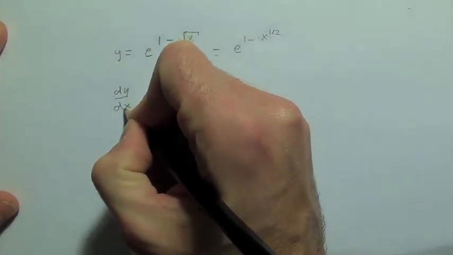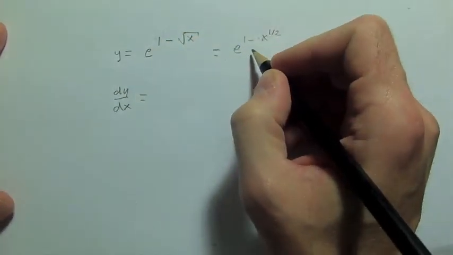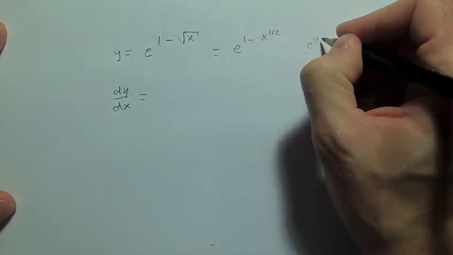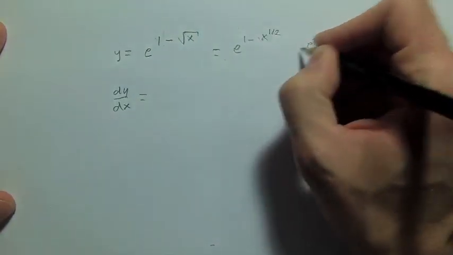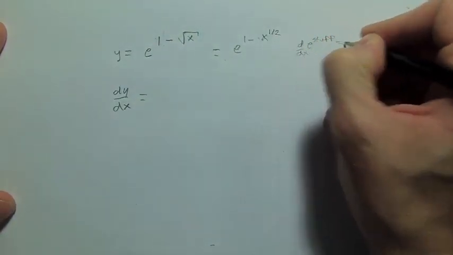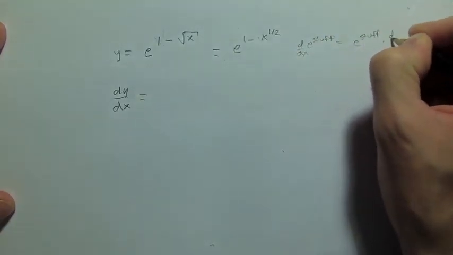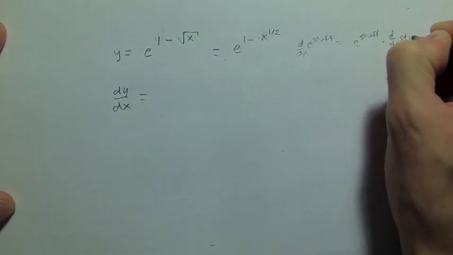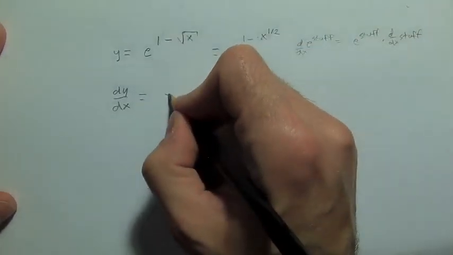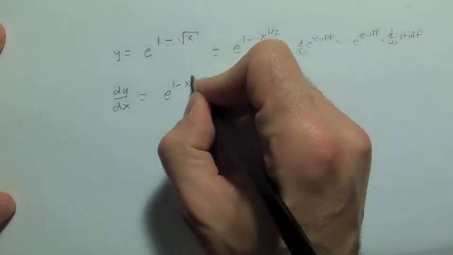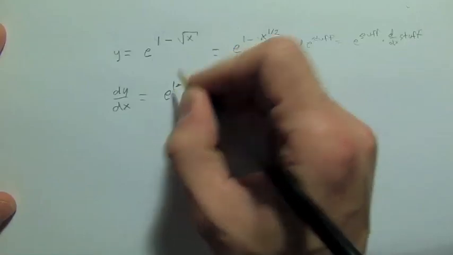So we have e to the stuff, so that's the e to the stuff case. So remember that's going to be itself times the derivative of the stuff. So this will be itself, so e to the 1 minus x to the 1/2.